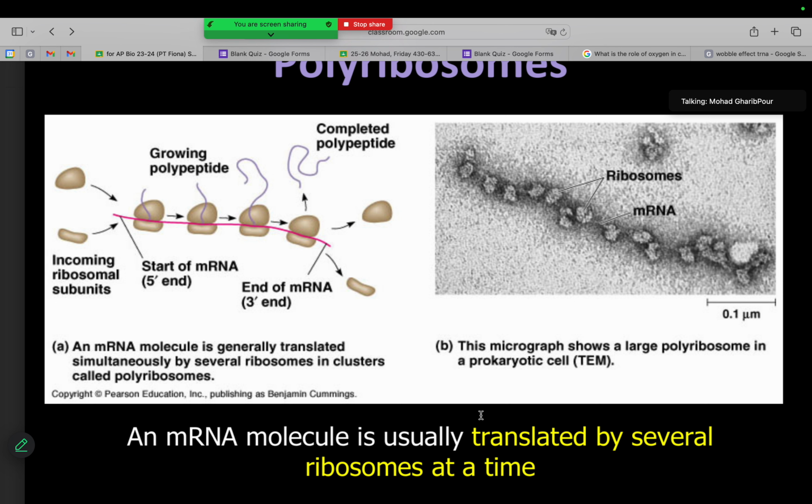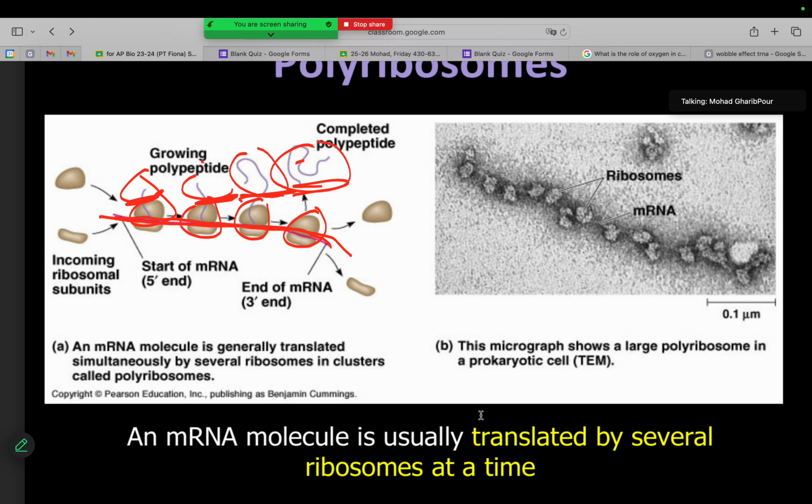And as a result, when we have an mRNA like this, to speed things up, we can get multiple ribosomes attaching to one strand of mRNA, which means we don't need to produce too many mRNAs to start producing all these proteins. So at any given time, you can start to produce multiple proteins from just one strand of mRNA.